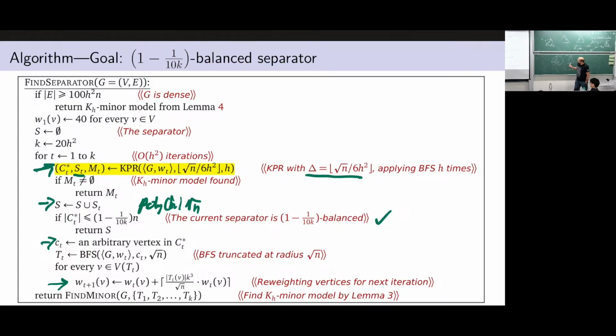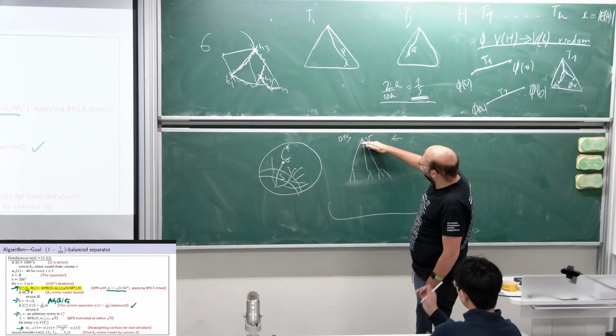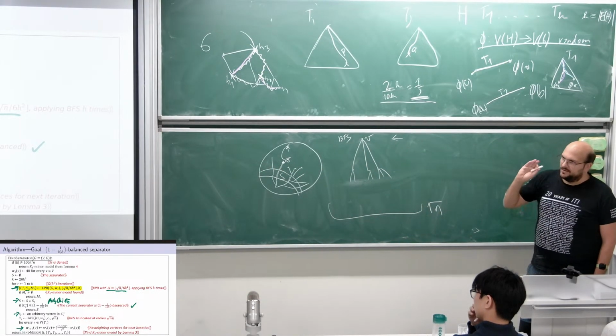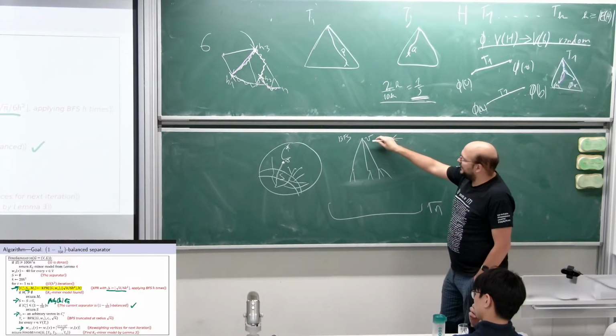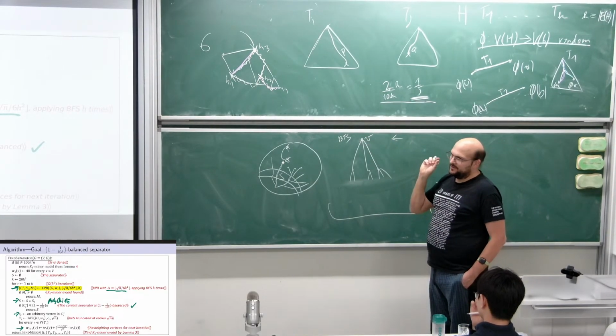Okay. And for the weights, maybe let me show you the intuition. For the weights, it's important that we truncate at this level square root of n, because of how we would distribute weights. Now if you think about the BFS tree, remember that we have a weighted version of vertices.